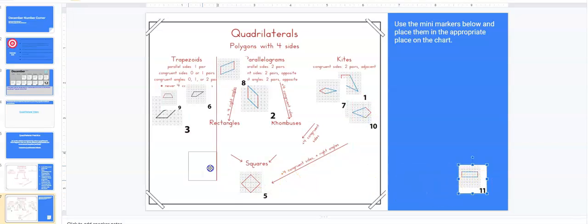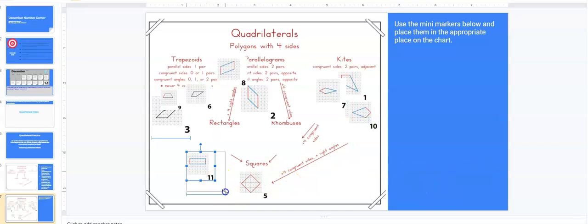And then finally, this one is probably a common one to you as well. It is definitely a parallelogram because this side is parallel to this side, and this is parallel to this. It can't be a rhombus because the sides are not the same length, but it is a rectangle because all angles are 90 degrees and opposite sides are the same length.